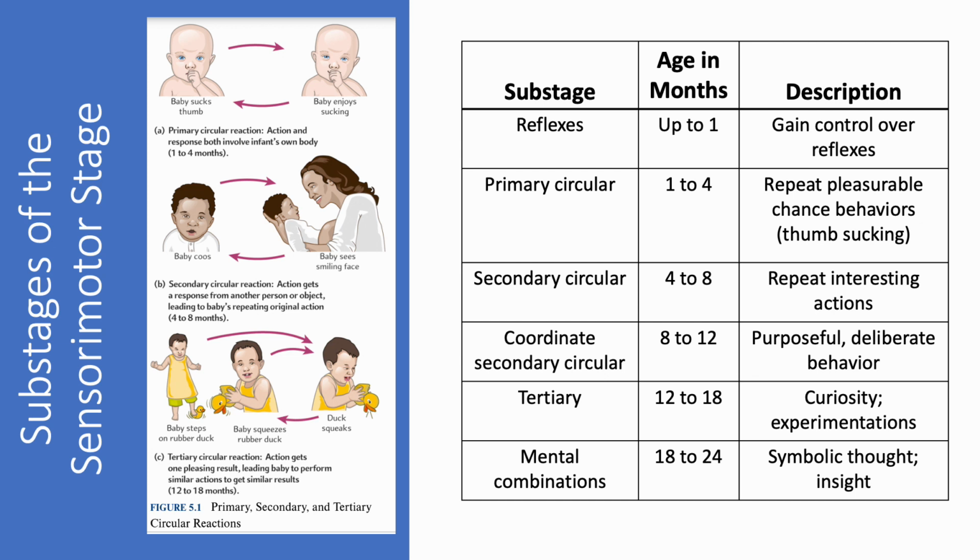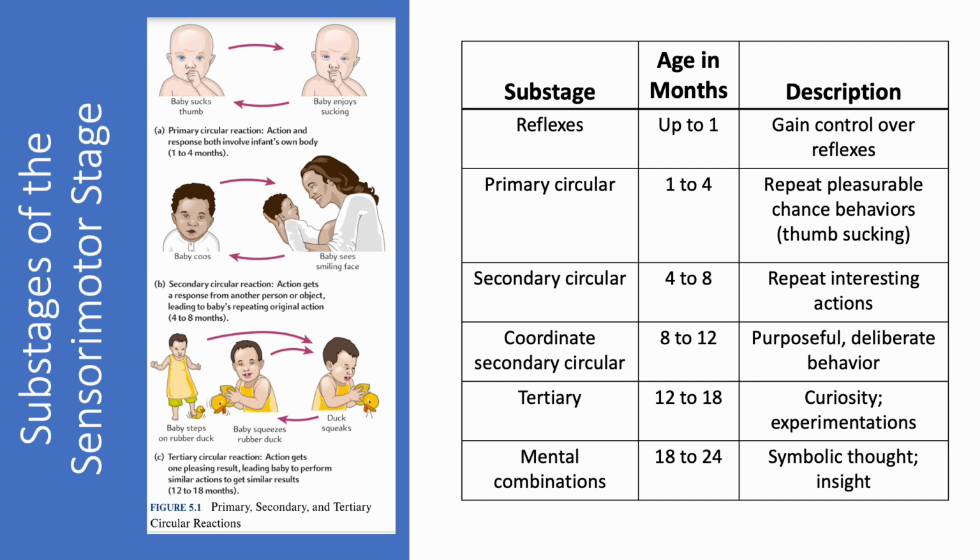The secondary circular reaction is when the action gets a response from another person, leading to the baby repeating the original action. One example is the baby coos and the mom reacts by giving the baby attention. This is about 4 to 8 months.